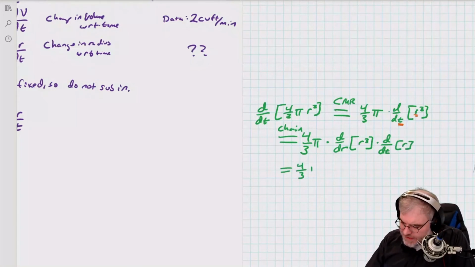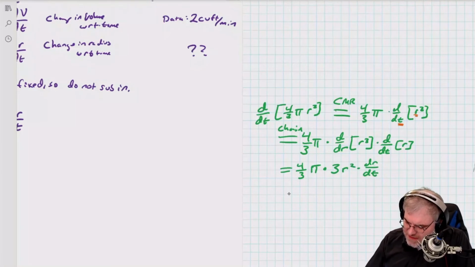Carry my baggage. Now I can apply the power rule. So now when I apply the power rule, this becomes 3r squared times the derivative of r with respect to t. And then I am going to simplify this because it's going to be in my problem, and I wind up with that.